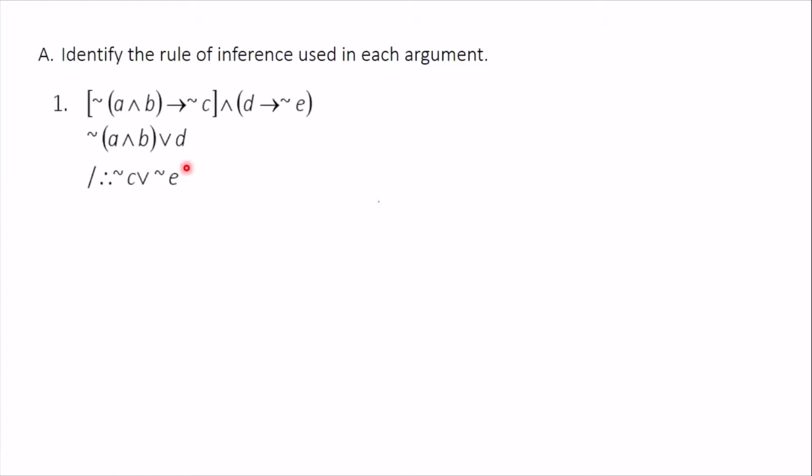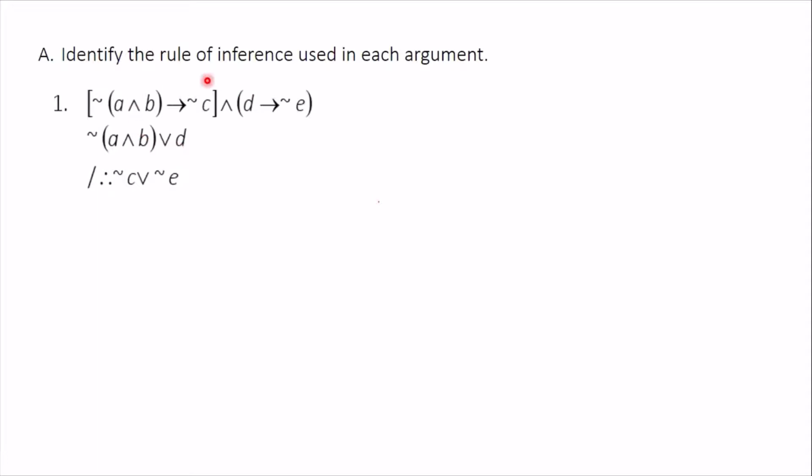Now, ang kailangan nyo lang tignan is the relationship of each premise to arrive at the given conclusion. As you notice here, yung not A and B and D are the antecedents of the two conditional statements.